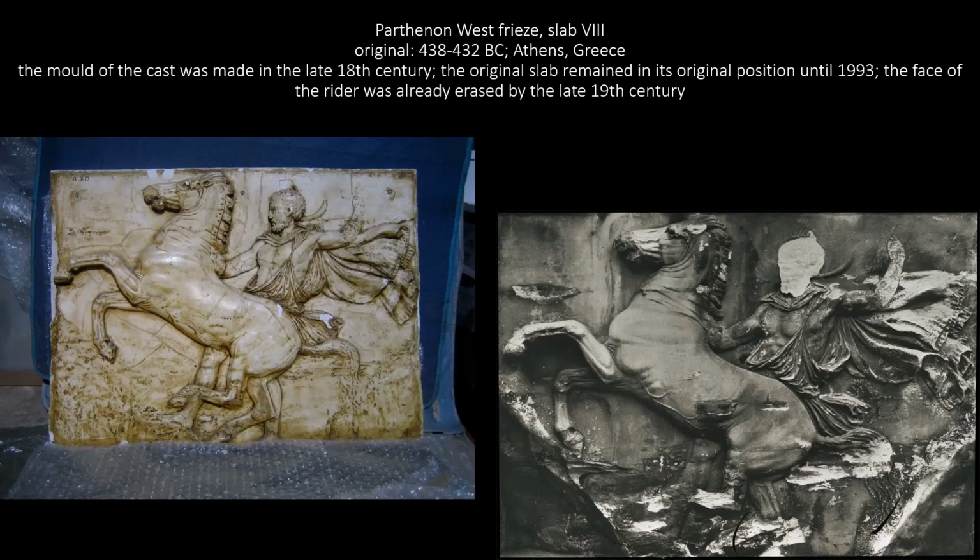I give you an example again on the left, part from the Parthenon frieze in Cornell's collection, here photographed in our warehouse, and on the right-hand side, the way the original looks today, right? After the cast was taken, the head was chipped off, or the surface of the original was destroyed.